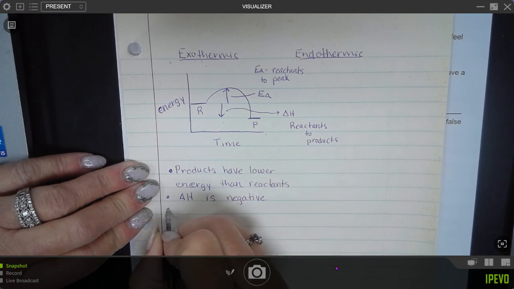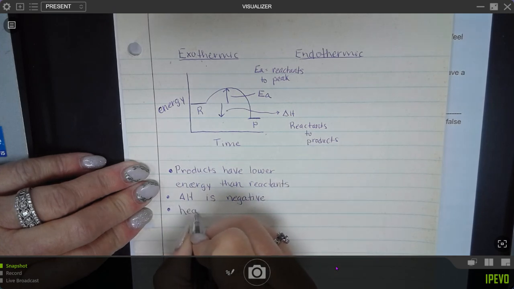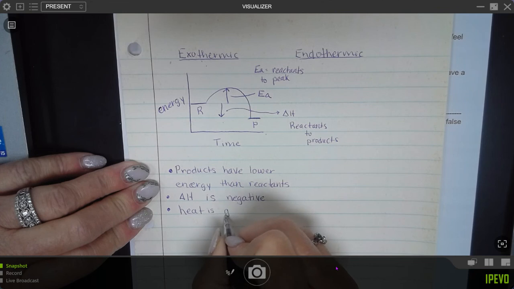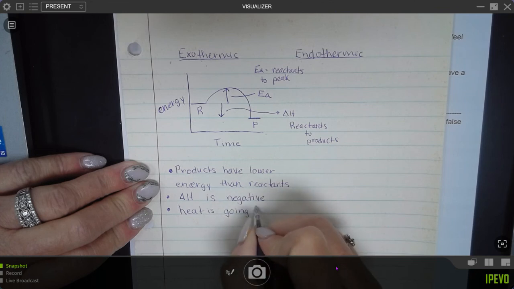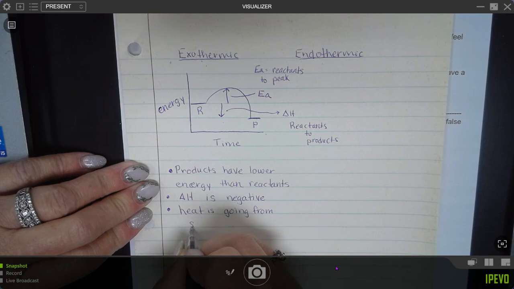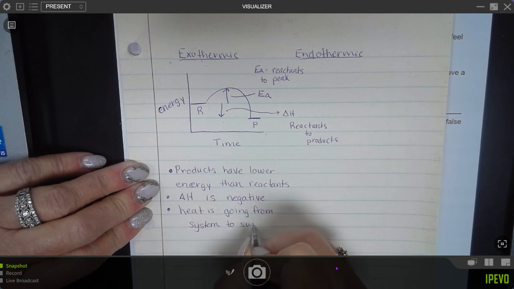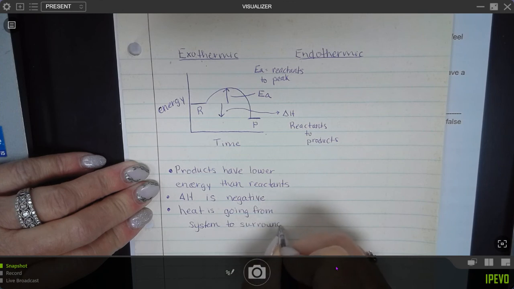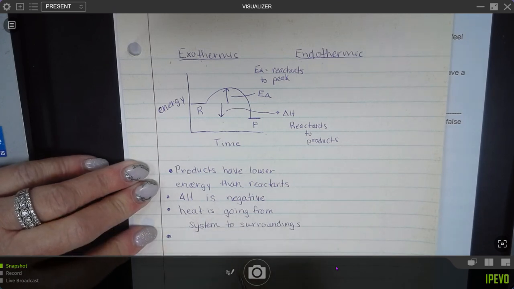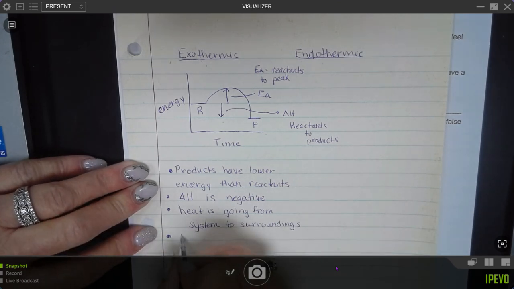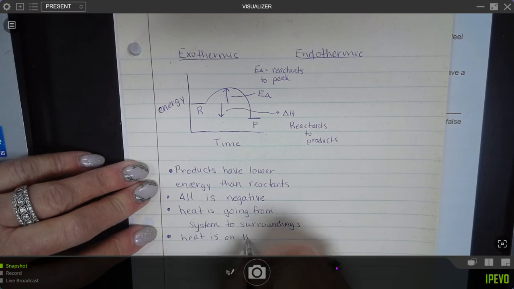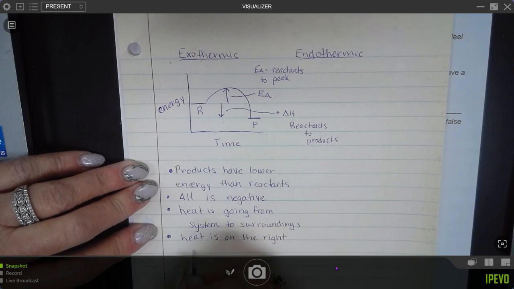We said from our picture, heat is going from the system to the surroundings. If we would write this in a chemical equation, heat is on the right, or the product side.